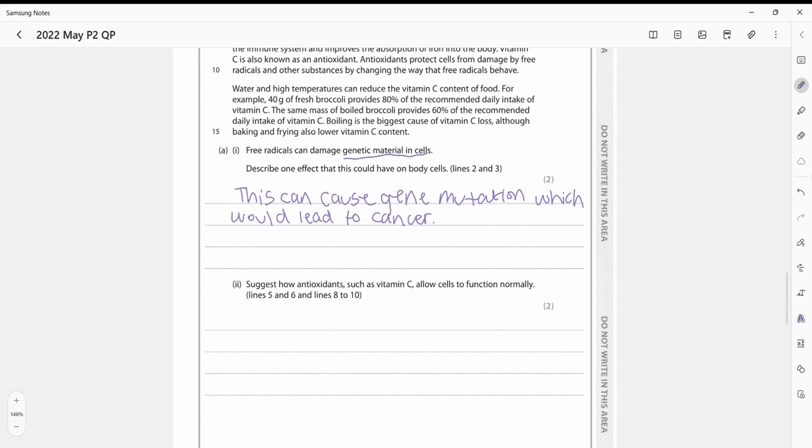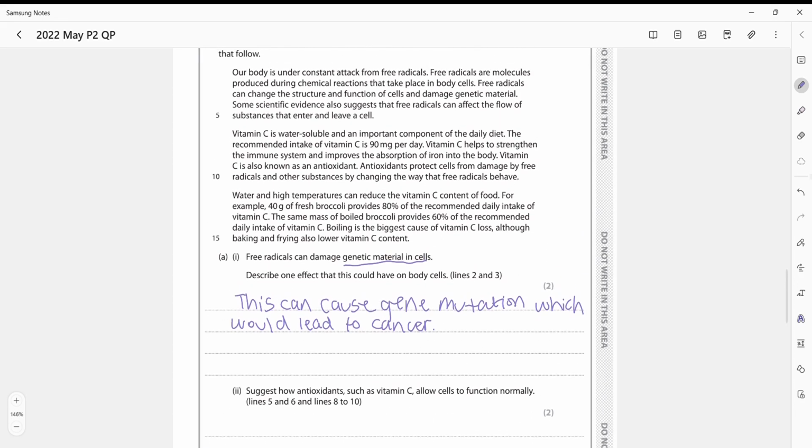And part 2 suggests how antioxidants such as vitamin C allow cells to function normally. So we need to look at lines 5 to 6 and 8 to 10.